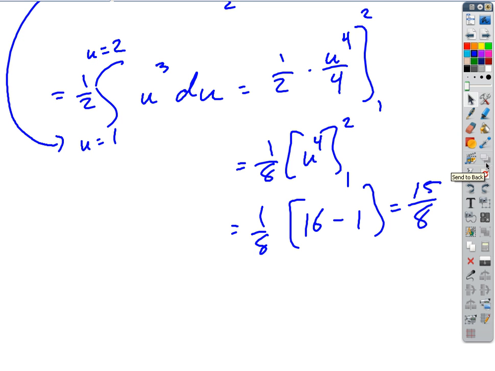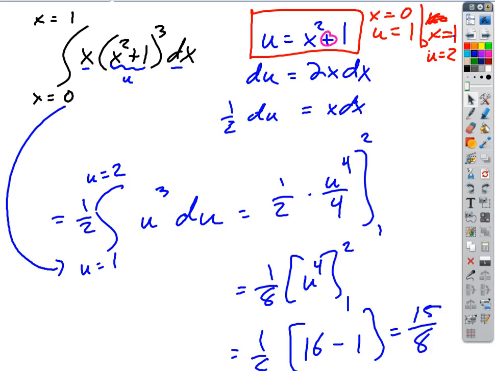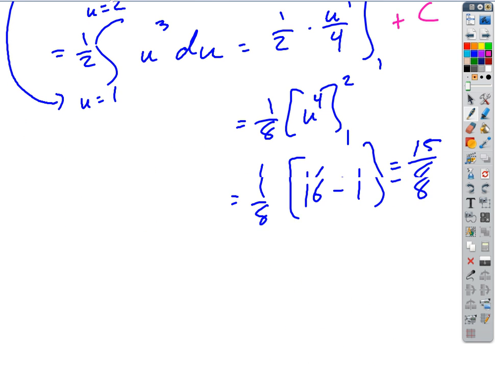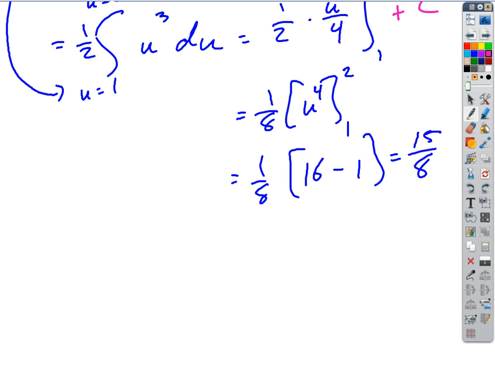If we did the same problem, and it were an indefinite integral, or an antiderivative, instead of taking an answer over limits of integration, we would have had this plus c out there, right? And then we would have had to go back. We would have gotten the answer 1/8 u to the 4th plus c.